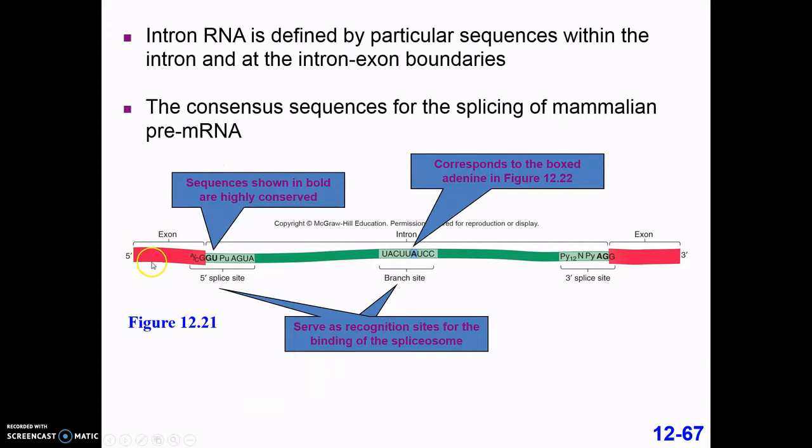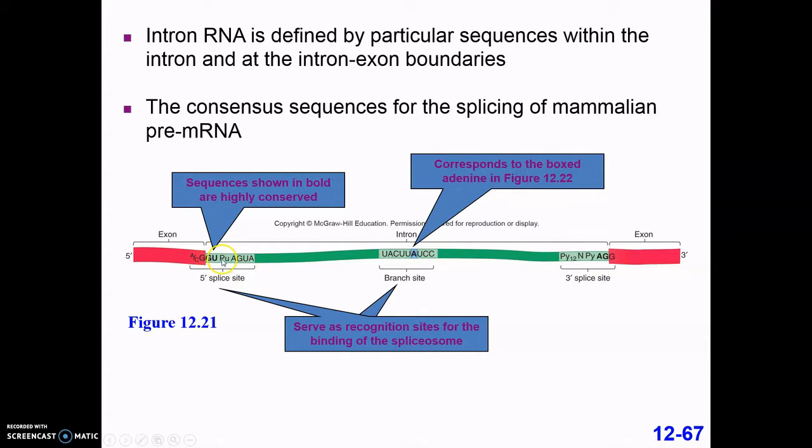So here we'll dig into the mechanics of this. Here we have an exon and an intron and an exon, and highlighted here are sequences that are of particular importance. Those highlighted in bold are highly conserved, so you see these at almost every single intron. So the GU here, this A is always highly conserved because it is the catalytic site, and the AG over here.